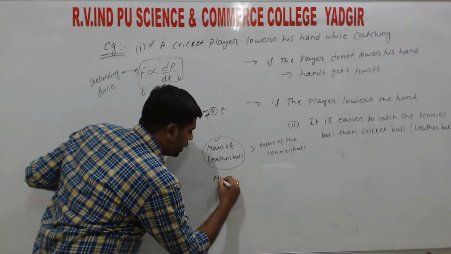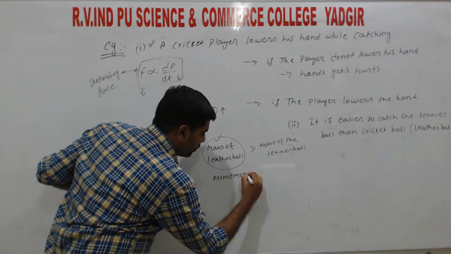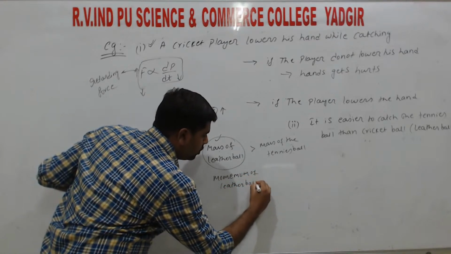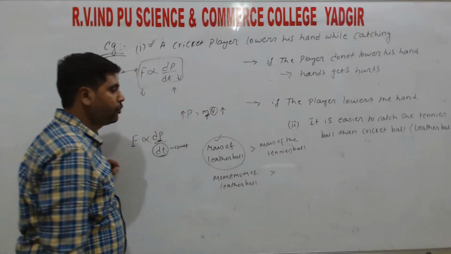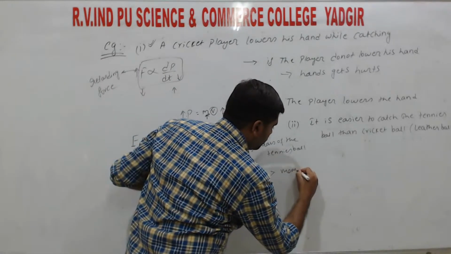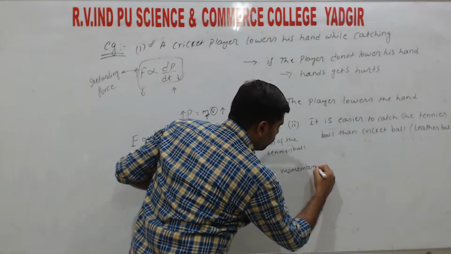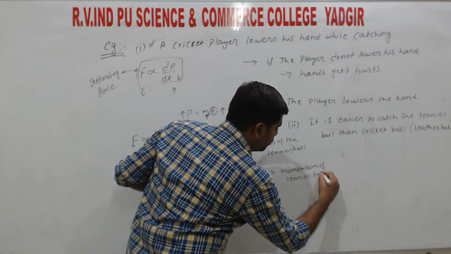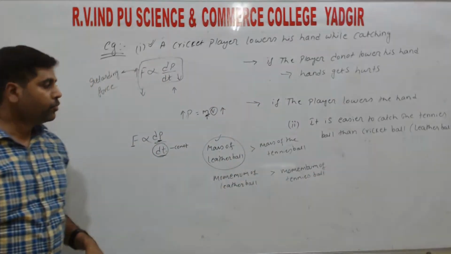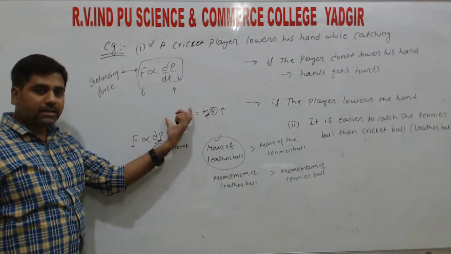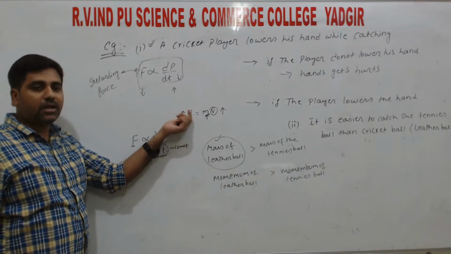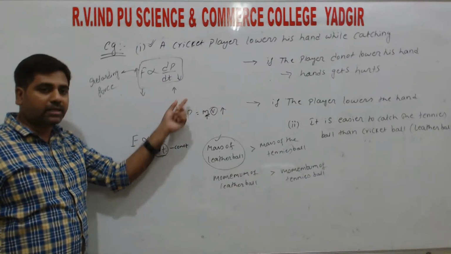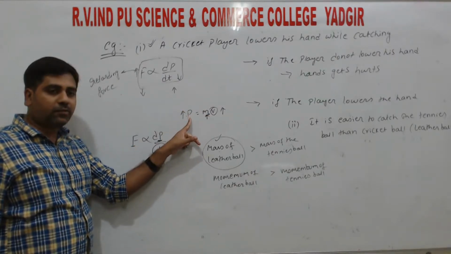So from this we can write: momentum of the leather ball is greater than momentum of the tennis ball, right? We discussed this in the last class while defining linear momentum: as the mass of the body increases, the momentum increases. Mass is directly related with momentum.